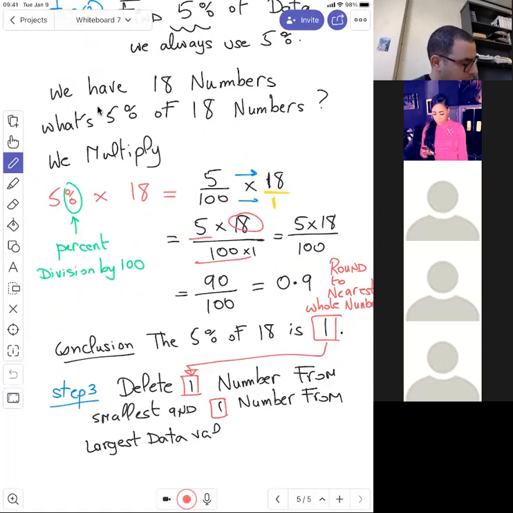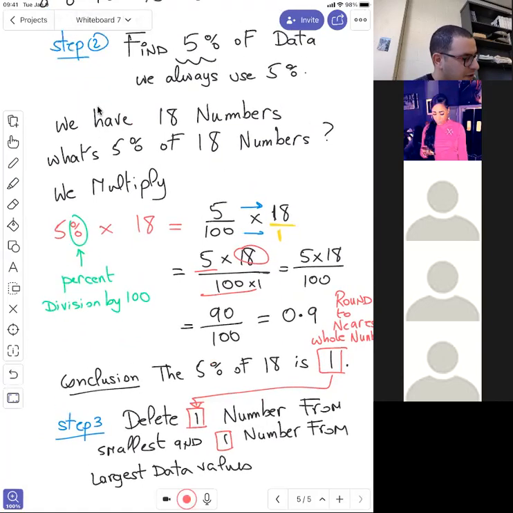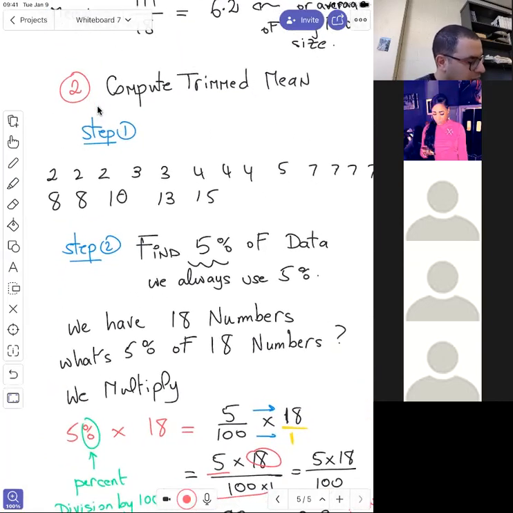So let's come back to the first step. Here are my data values. I'm going to delete one number from the smallest. The smallest number, of course, is 2, so I'm going to delete one number from the smallest data values.